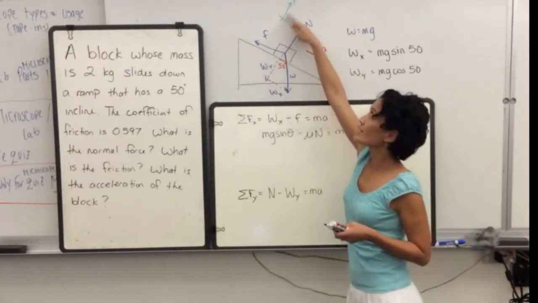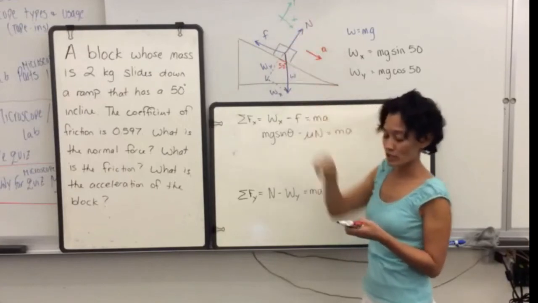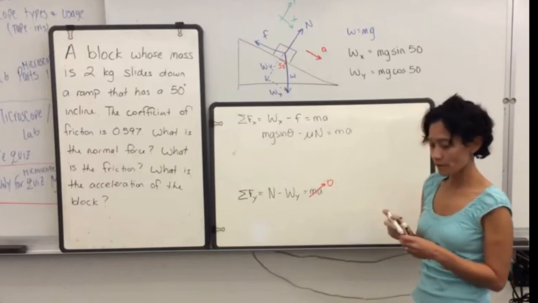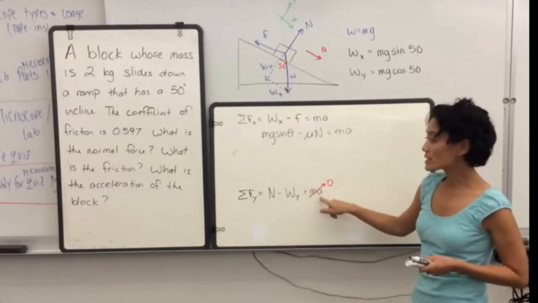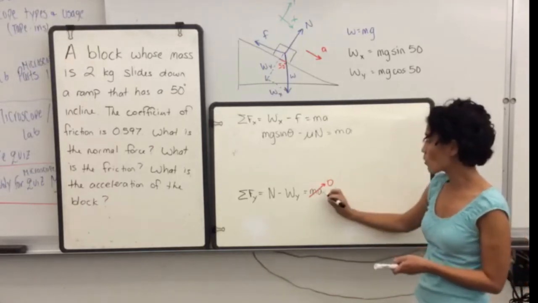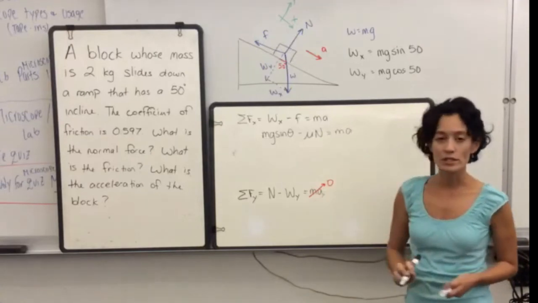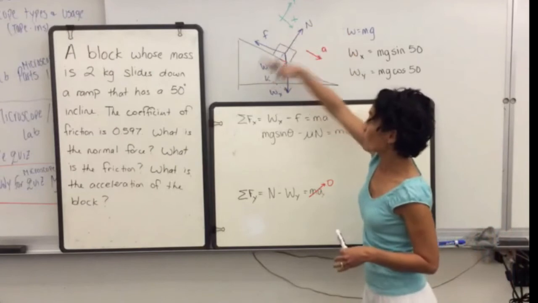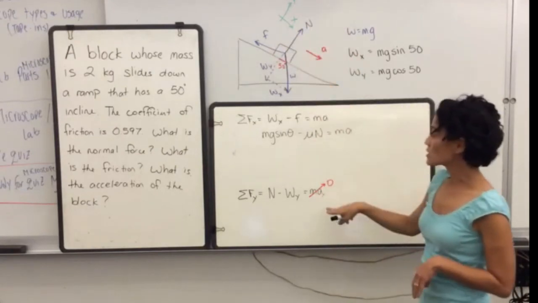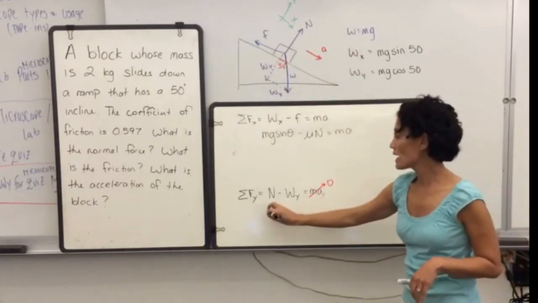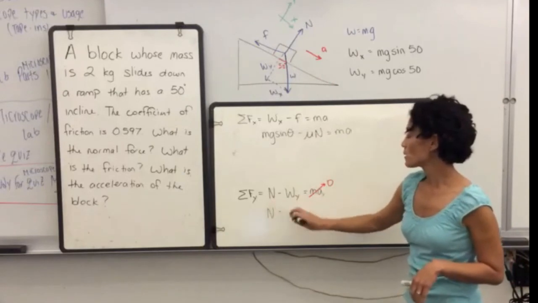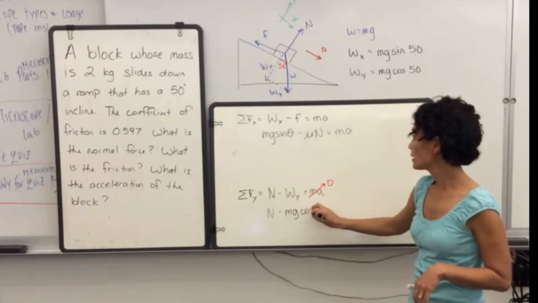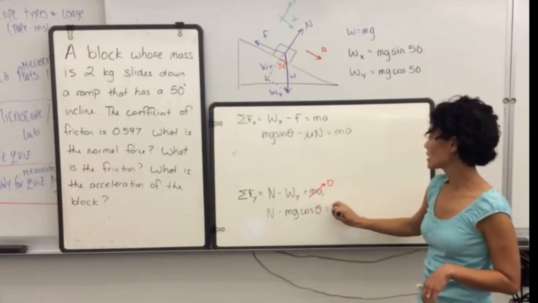So I'm not accelerating in that direction. So because I'm not accelerating in that direction, this is equal to 0. Again, this acceleration ay is equal to 0 because I am not moving this way on my ramp. Let's go ahead and simplify this to what I know. N is still N, but Wy is mg cosine of theta, and that's going to equal 0.